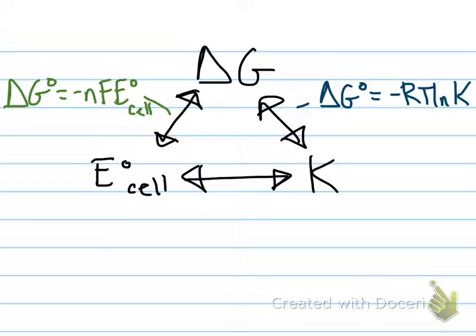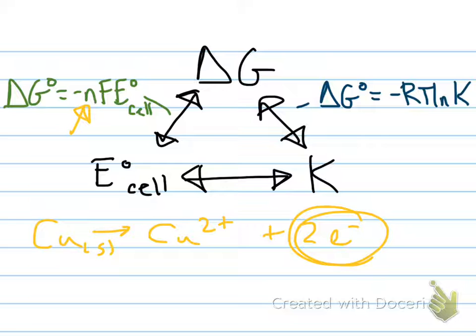Let's just break down what each of these is. N is the number of electrons that travel. For example, if we have Cu solid goes to Cu2+ plus 2 electrons, our N in this case would be our 2 electrons.